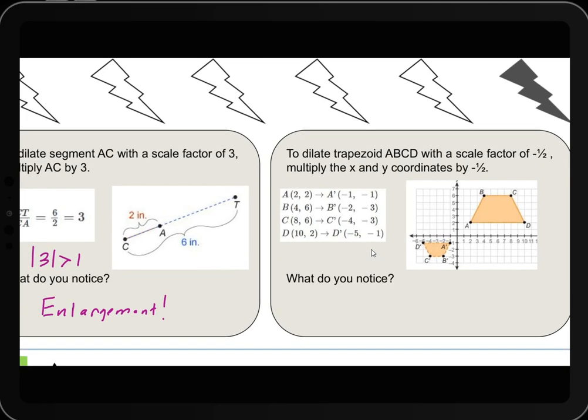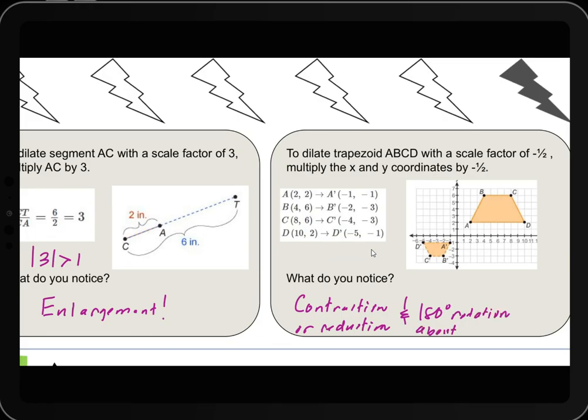Over here, I have a trapezoid, and what I notice right away is I see a contraction or a reduction. You can use both words or one or the other, doesn't matter. But I also see a 180-degree rotation as well. In this case, about the center.